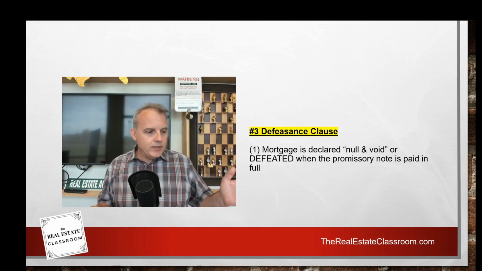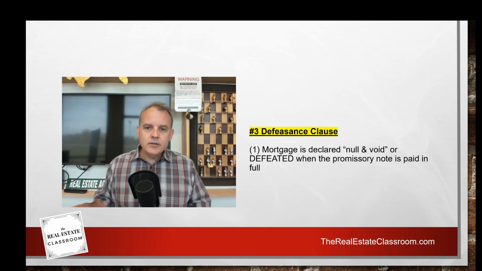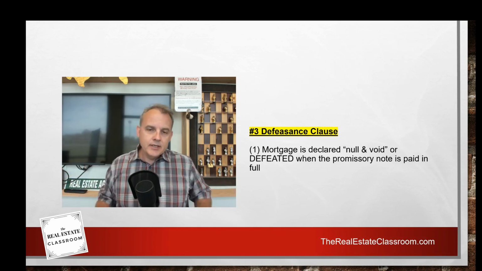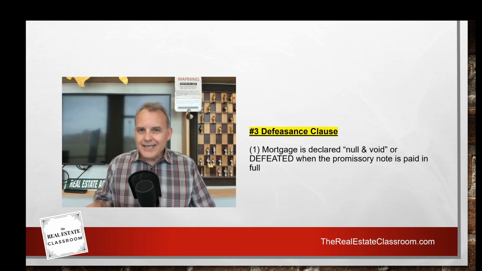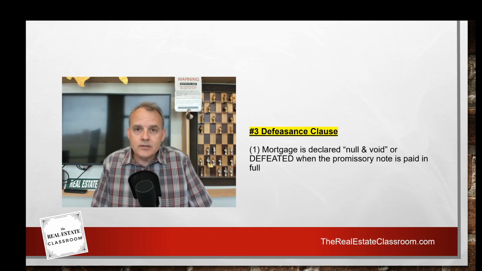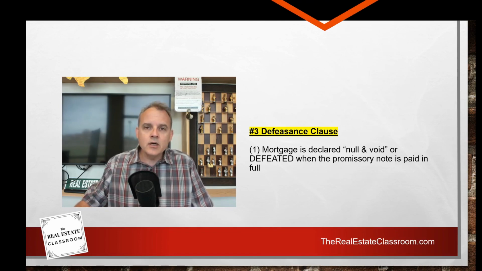So essentially, when the borrower pays the property off, this is a legal mechanism that says that the lender has no more interest in the property and therefore their mortgage is now defeated. It's more of a legality or a technical part of the loan, but it is nonetheless very relevant and something that you have to know. So that is a defeasance clause.